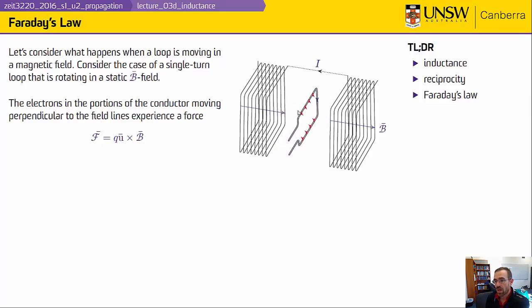Right? And so as this loop rotates, I get an induced current in the loop. Well, when that current flows, the electrons are going to build up at one end, and they're going to be depleted from the other. So there's going to be a voltage at this output. That current is oscillating, and so this voltage is going to oscillate as well. And so that's the basic concept behind Faraday's law.